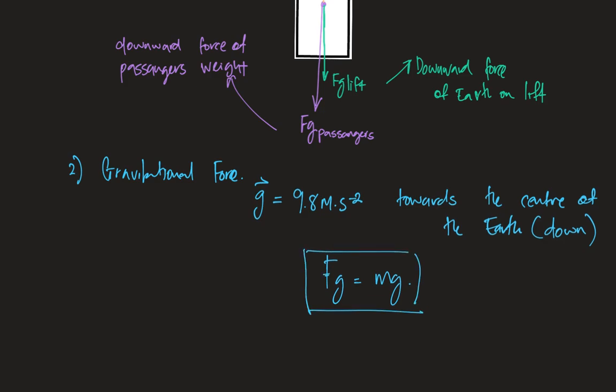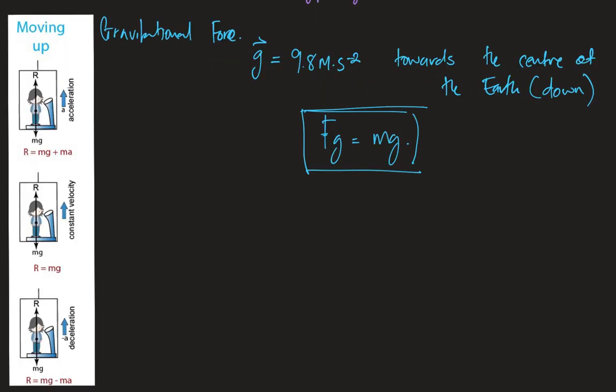Now, we learned 3 steps for lifts and motions of lifts. So let's have a look at that. Now in this whole thing, I've got different scenarios. The scenario that I have is that I've got this upward acceleration that's happening.